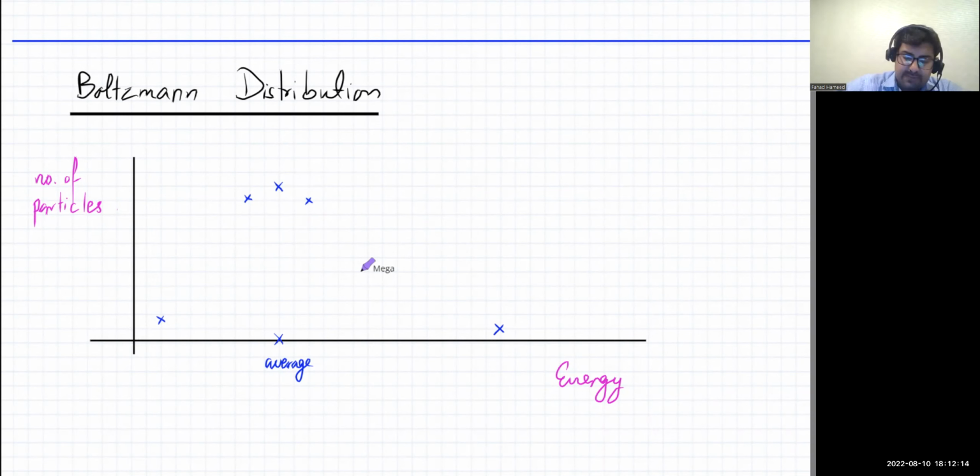So the Boltzmann distribution is a skewed distribution that kind of looks like this, and it tapers off on one side. That's what the Boltzmann distribution looks like.